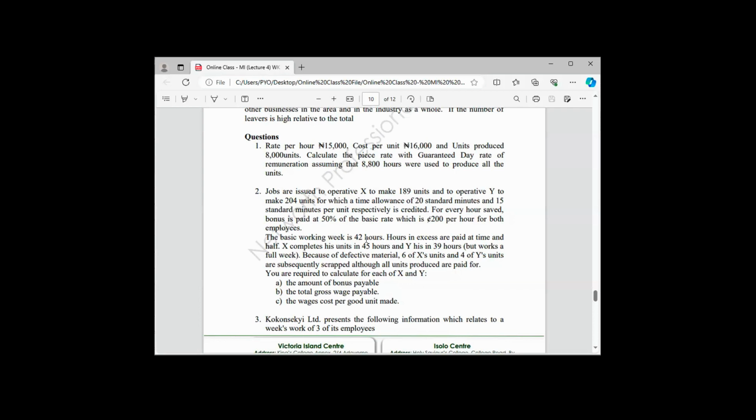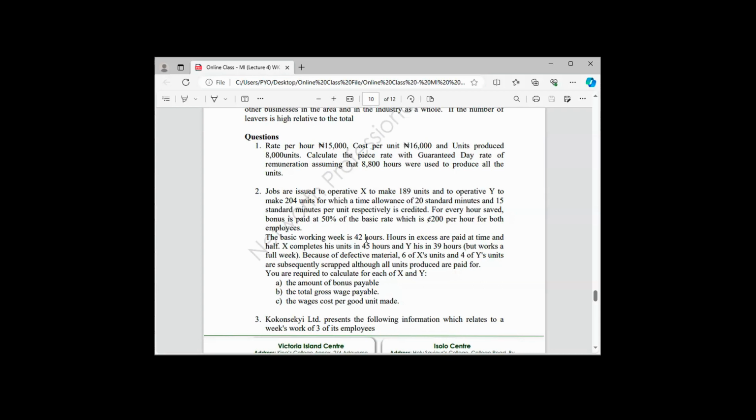X completes his units in 45 hours, and Y in 39 hours, but they work a full week. Because of defective materials, 6 of X's units and 4 of Y's units are subsequently scrapped.